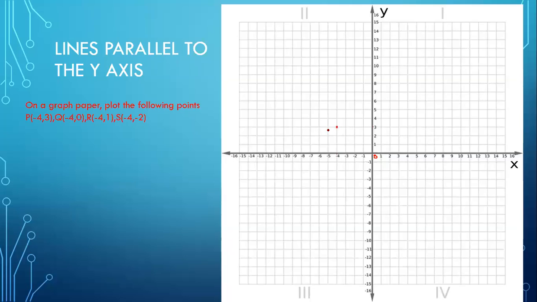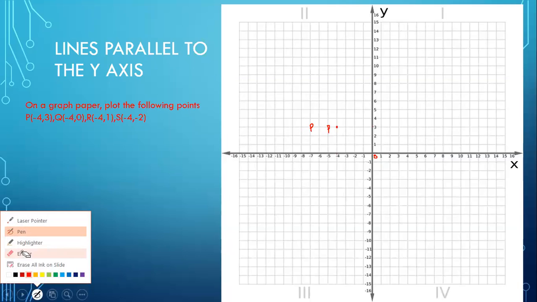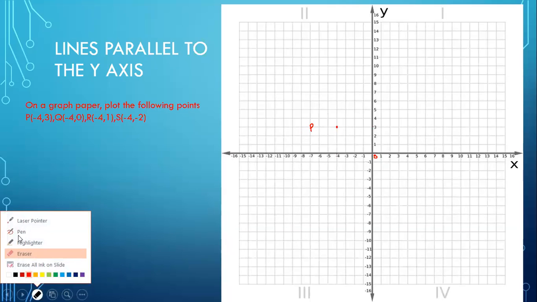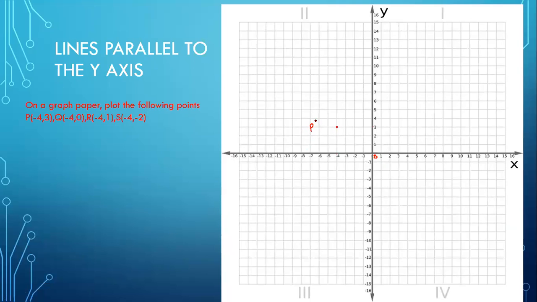So I'm just marking it as point P. You can write the coordinates also. Minus 4, comma 3.